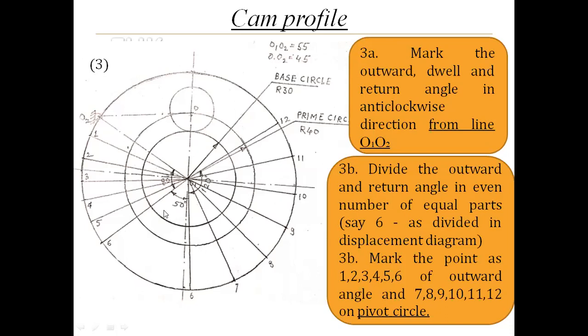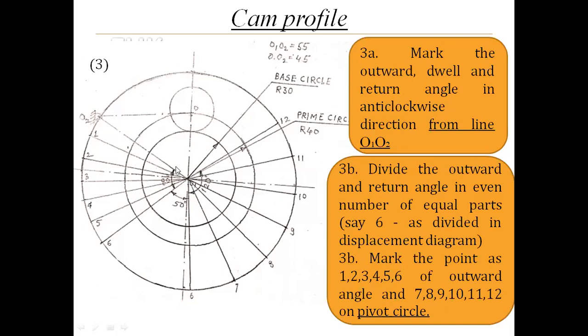The procedure of plotting the outward angle, dwell angle and return angle will start in anti-clockwise direction from line O1, O2. You have to start measuring angle from this line, not from the vertical line. Don't make this mistake in the examination also.